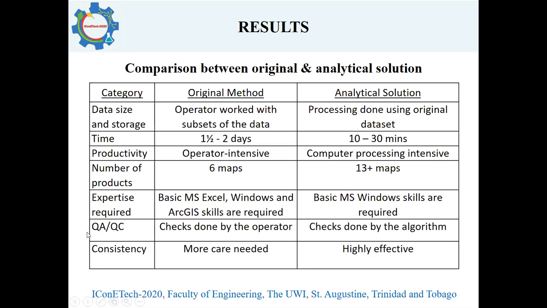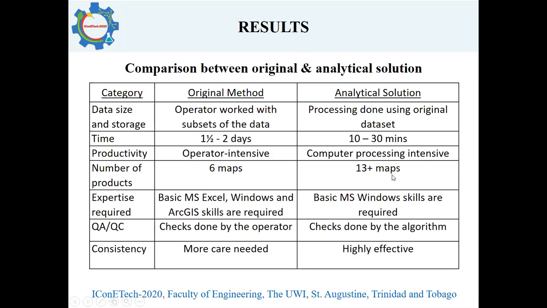Another aspect, the quality assurance, which was done by the operator, is now done by the algorithm. The only difference probably was that some aspects that were QC'd before are now done after. Another aspect, though, the number of products was increased from 6 maps to 13 plus maps.